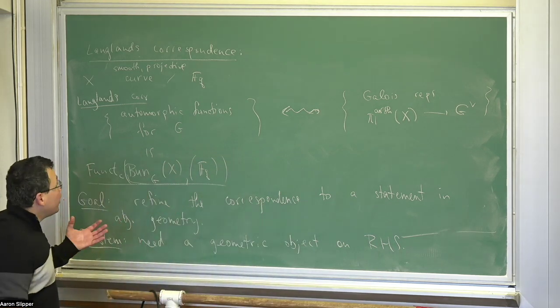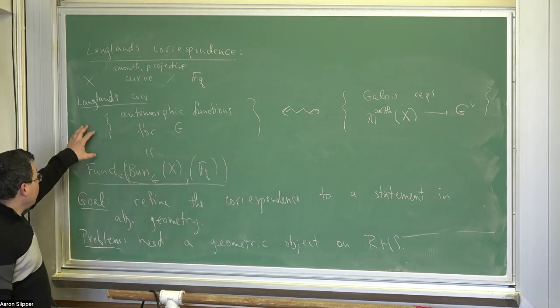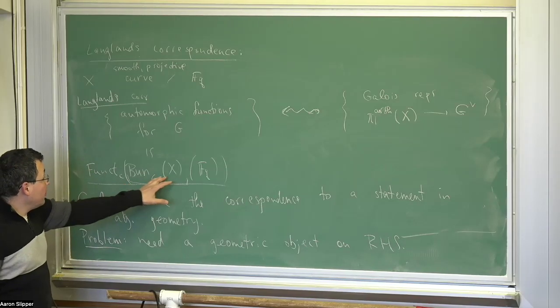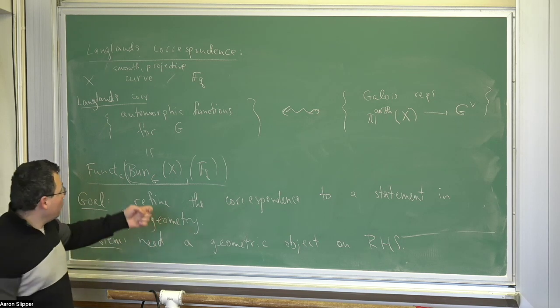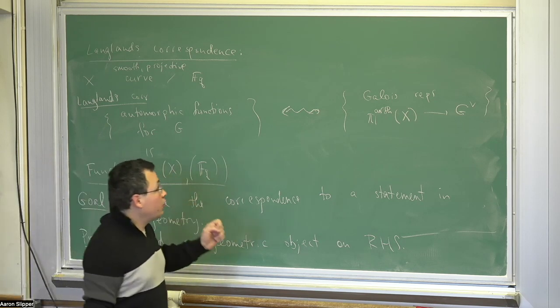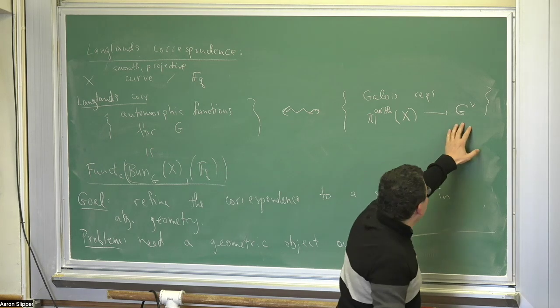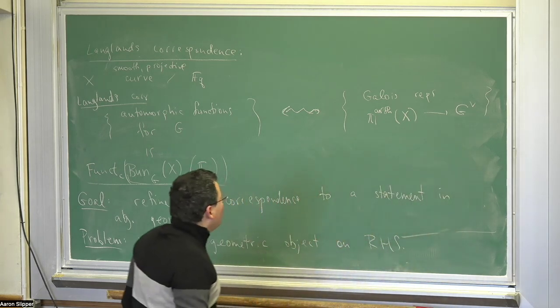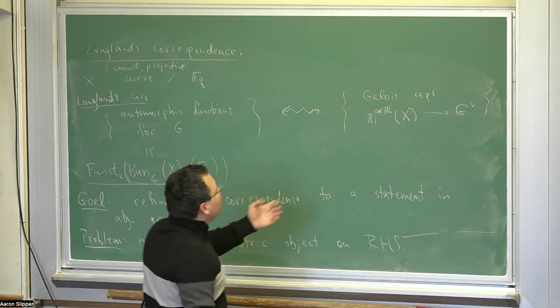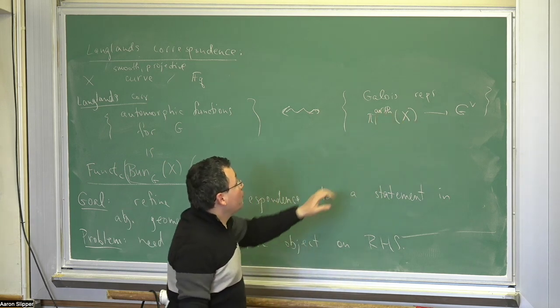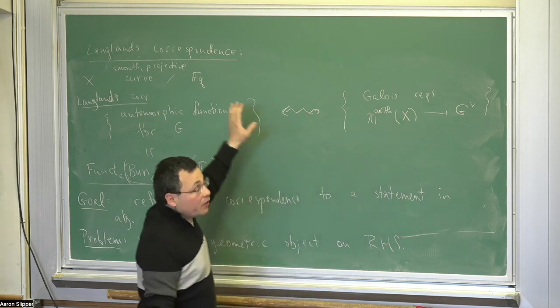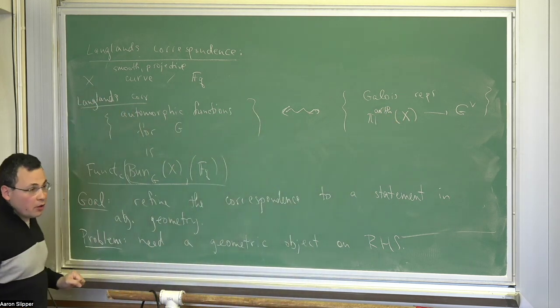Although let me emphasize that there's an extra step here. As I said, if we pass to sheaves here, it's important to work over the algebraic closure of FQ. So on the right-hand side, the thing that will be most primitive is parameterizing not arithmetic but étale representations of the étale fundamental group of X over the algebraic closure.